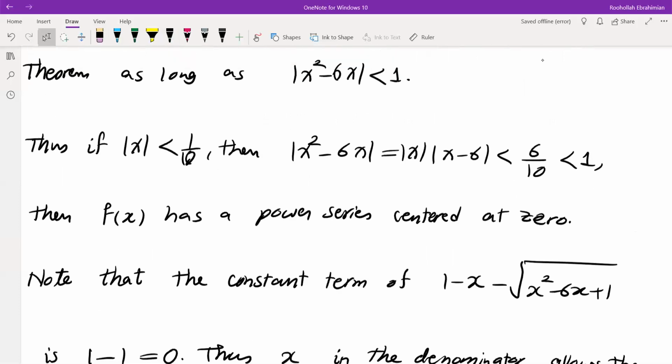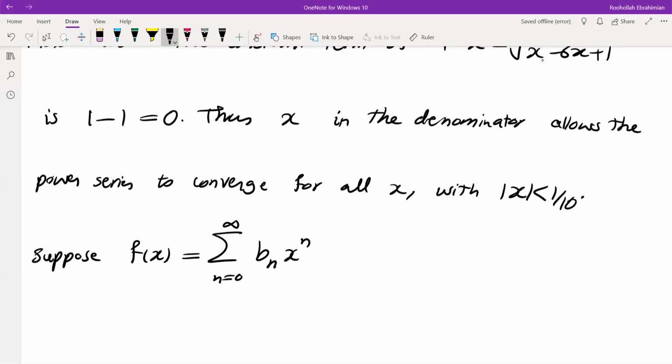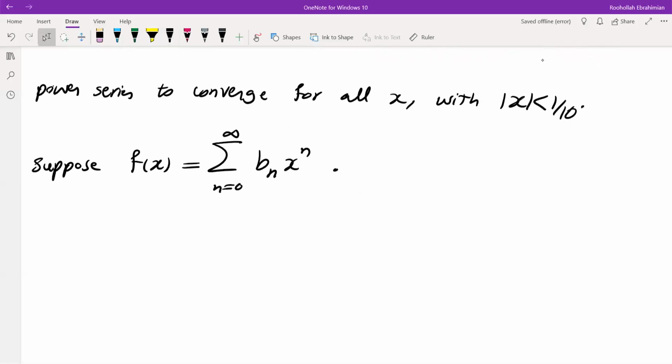Okay, so suppose this power series for f of x is in fact just the sum of bn x to the power of n, n equals 0 to infinity. So suppose that is our power series. Now, our claim is bn is in fact the same as an for all n.